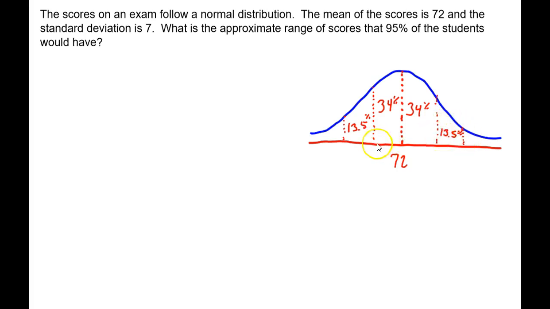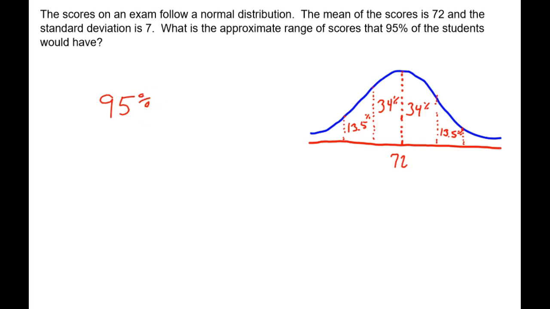Same thing on the left. If I go between one standard deviation and two standard deviations, that accounts for 13.5%. So if I would add up all of these percentages from two standard deviations to the left and to the right, that accounts for 95% of my data points.